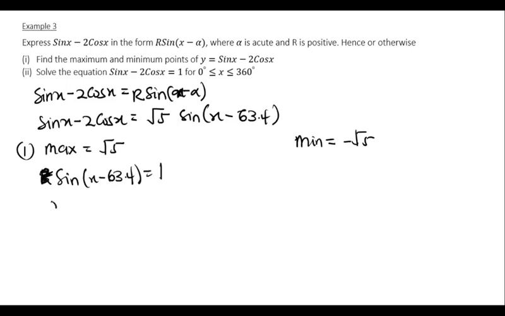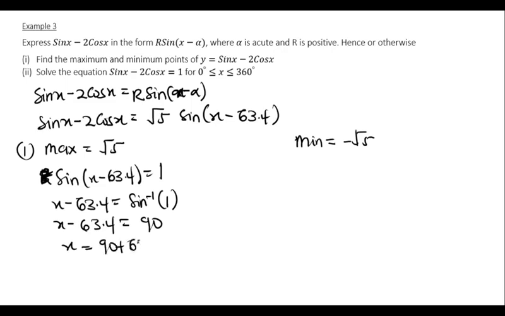So we have x minus 63.4 is equal to sine inverse of 1. So we have x minus 63.4 is equal to sine inverse of 1, which is 90 degrees. So we have x is equal to 90 plus 63.4. So the value of x is 153.4 degrees.